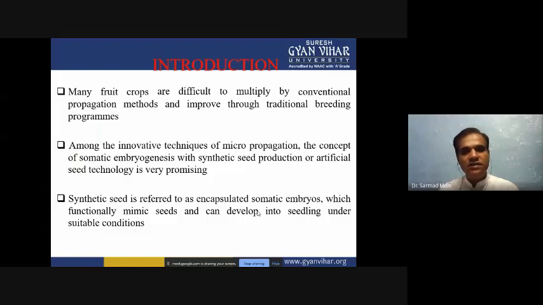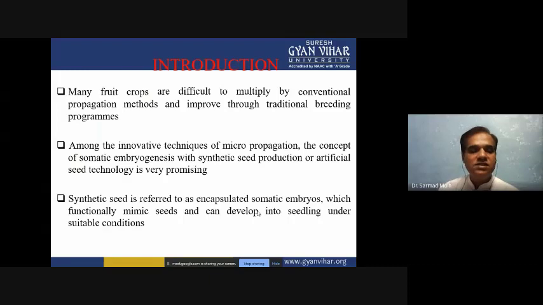Synthetic seeds, artificial seeds, or lab produced seeds are all the same and are referred to as encapsulated somatic embryos. When we encapsulate the somatic embryos, we call them synthetic seeds or artificial seeds, which functionally mimic seeds and can develop into seedlings under suitable laboratory conditions.